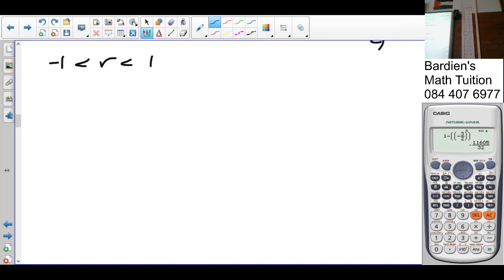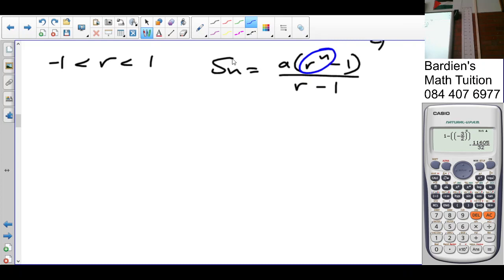So if you take the formula Sn is equal to A into, let's go with the other one, r to the n minus 1 over r minus 1. Looking at this formula, I extract that part of the formula only. So I have r to the n. Okay, that's the thing.